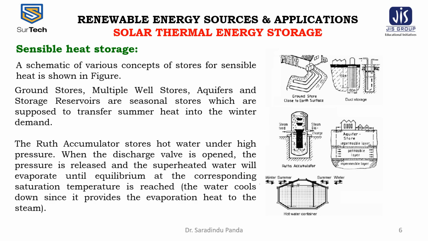The Ruths accumulator stores the hot water under high pressure. When the discharge valve is opened, the pressure is released and the superheated water will evaporate until the equilibrium at the corresponding saturation temperature is reached. The water cools down since it provides the evaporation heat to the steam.